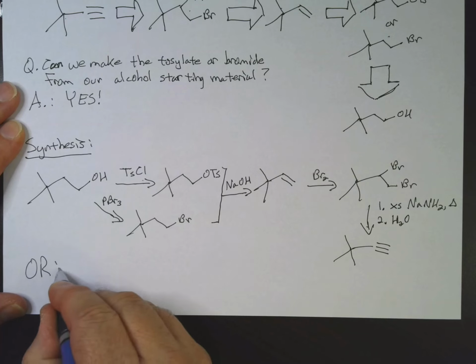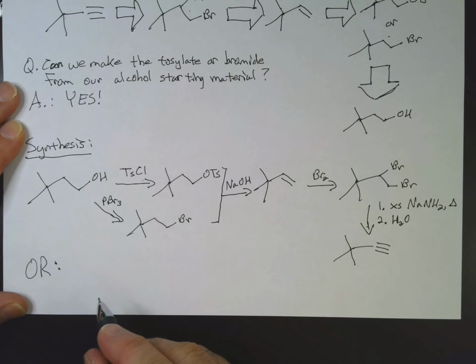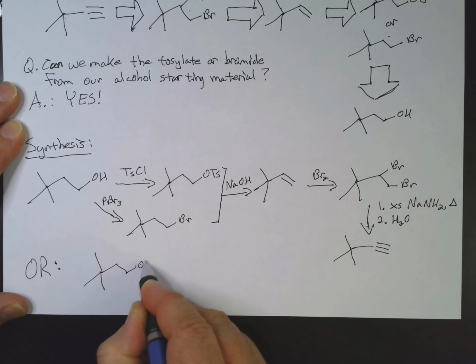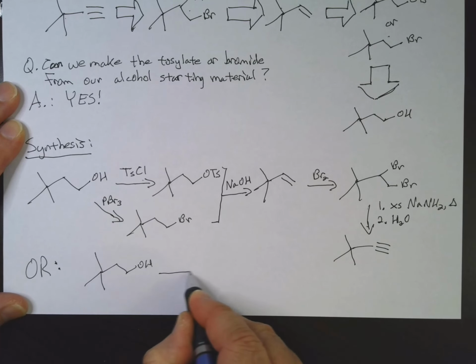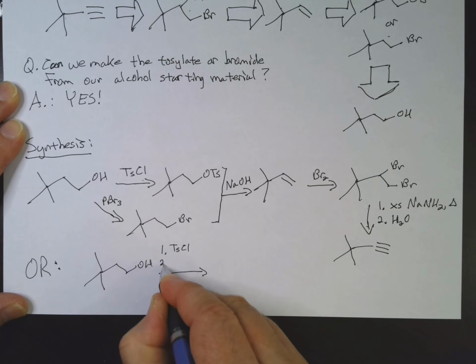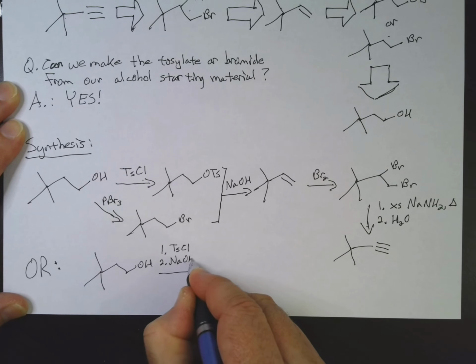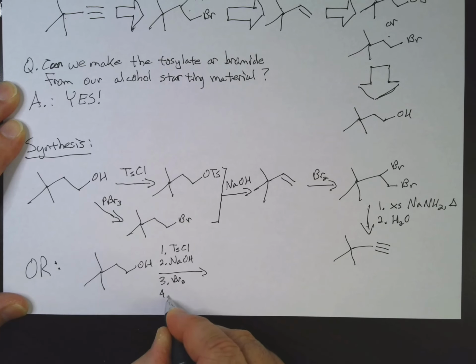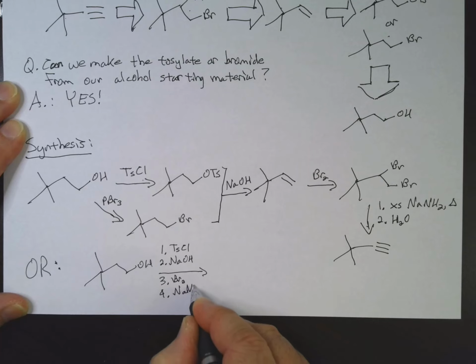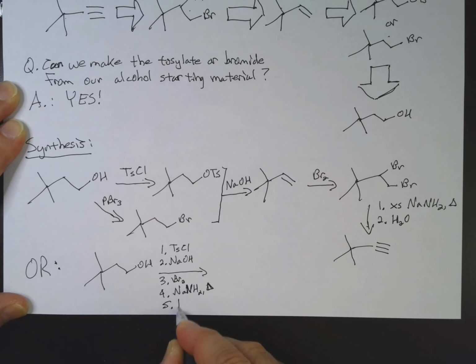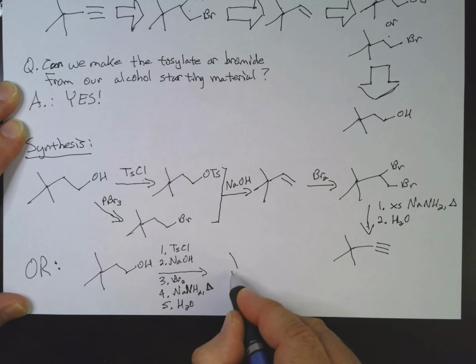Okay, if I wanted to, I could write this as one step here, and so I could write this as 1 TsCl, 2 NaOH, 3 Br2, 4 NaNH2 and heat, and then 5 H2O.